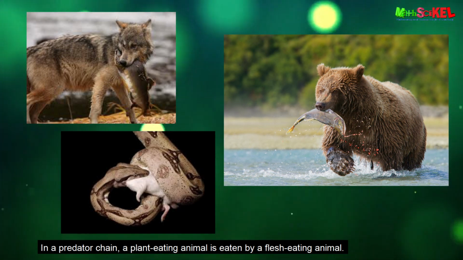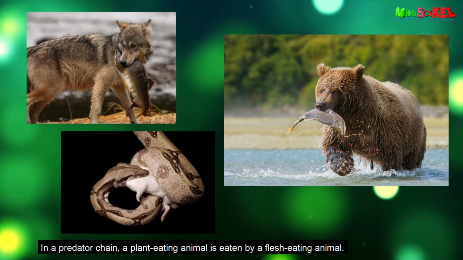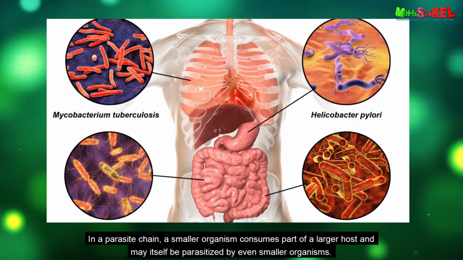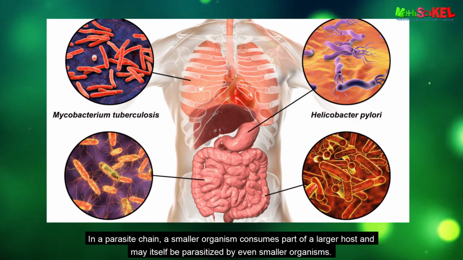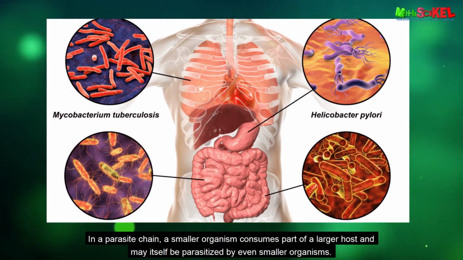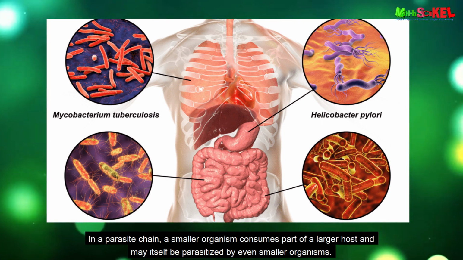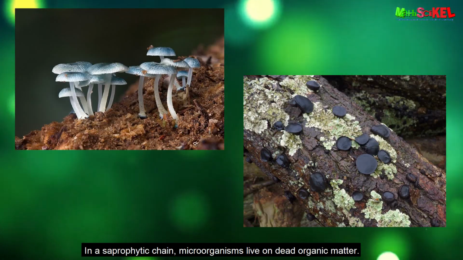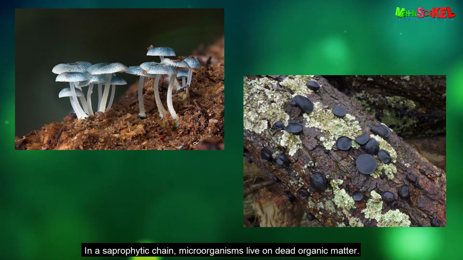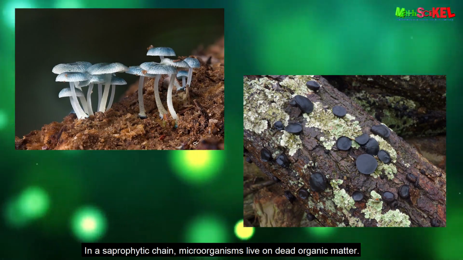In a predator chain, a plant-eating animal is eaten by a flesh-eating animal. In a parasite chain, a smaller organism consumes part of a larger host and may itself be parasitized by even smaller organisms. In a saprophytic chain, microorganisms live on dead organic matter.